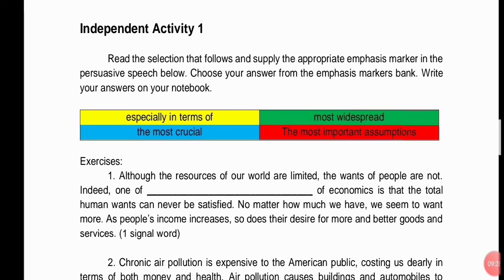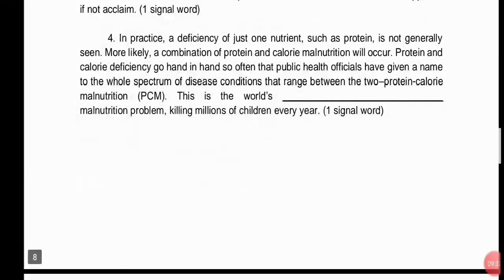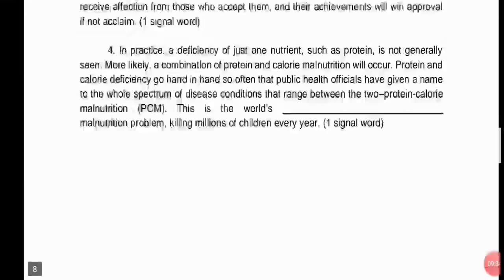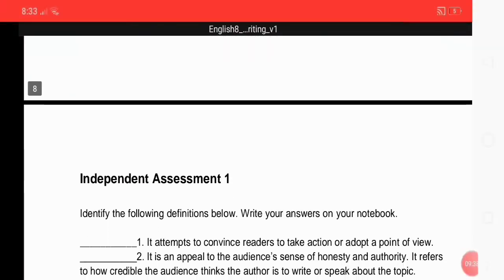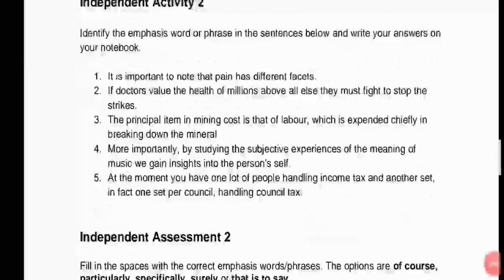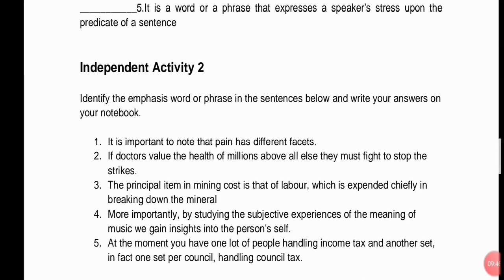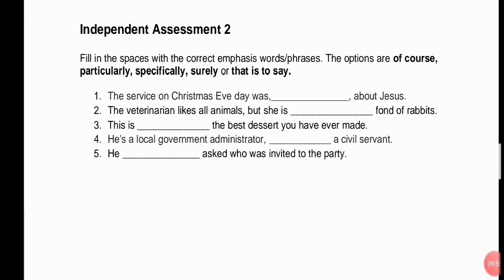So we have activities here, but as mentioned earlier, we will focus on your summative test. That's why I want you to have a copy of this, no? Just take a photo of these activities so that you can practice answering this.